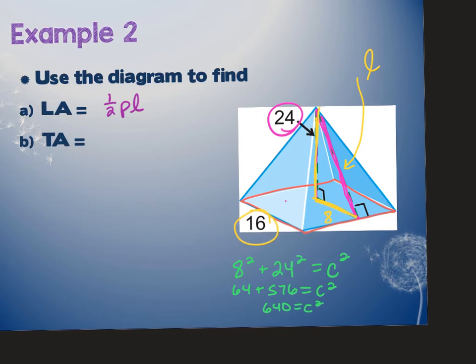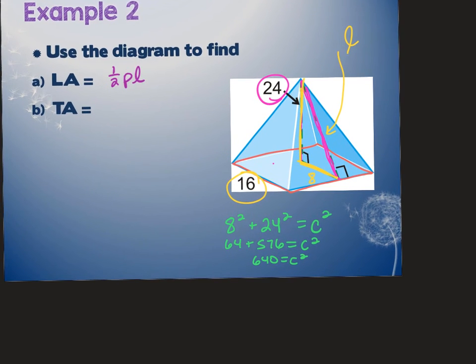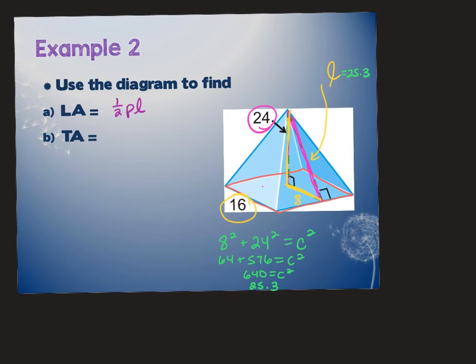Square root of 640, and I get 25.29, so I'm going to say that's 25.3. That's your slant height. So it's a little bit trickier when they give you the height instead of the slant height, because you have to use the Pythagorean theorem to find the slant height.